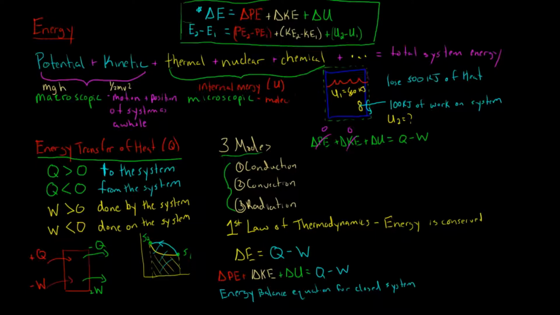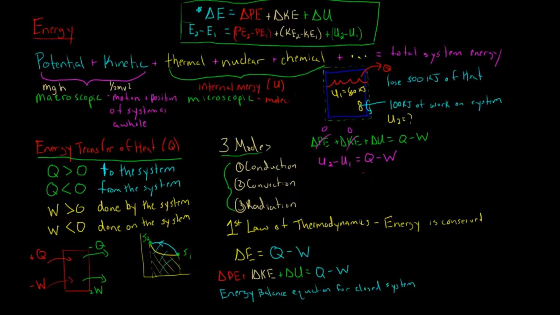Now, we can write this slightly different. We can say this is going to be U2 minus U1 is equal to Q minus W. And this is where we have to be careful about our sign convention. So right here, we lose 500 kilojoules of heat. What does that mean? That means heat's going this way. Q is leaving. If Q is leaving, it's going to be minus 500.